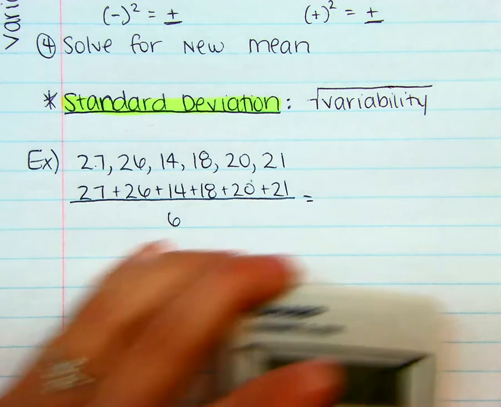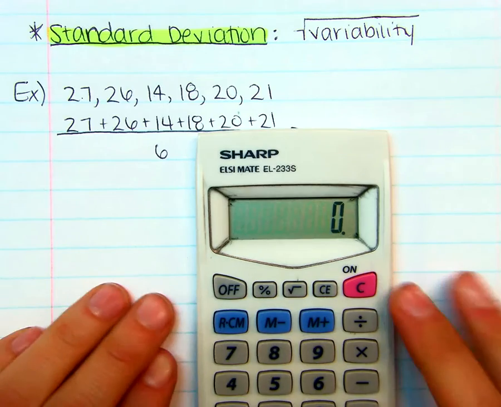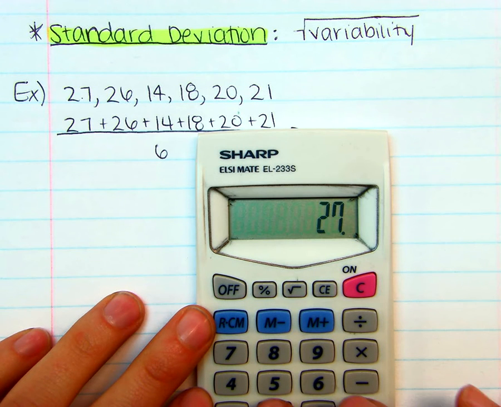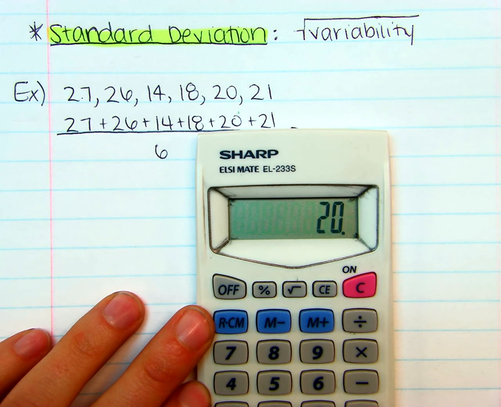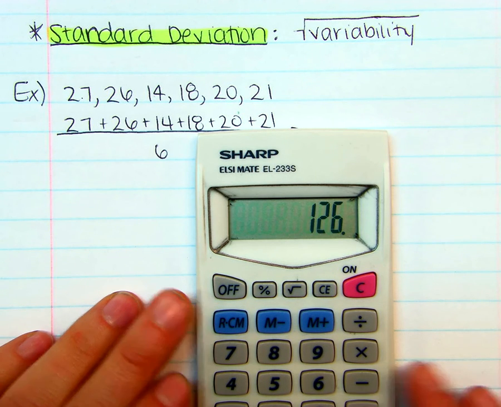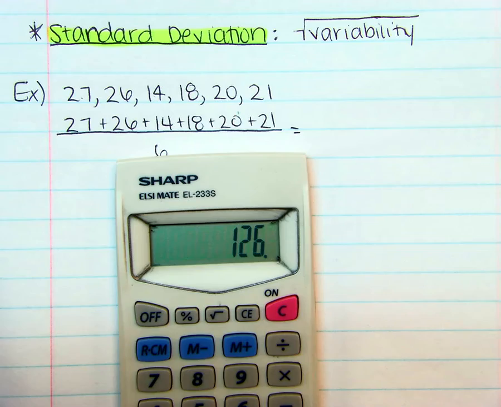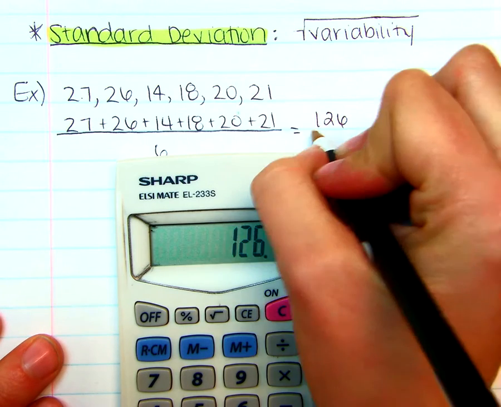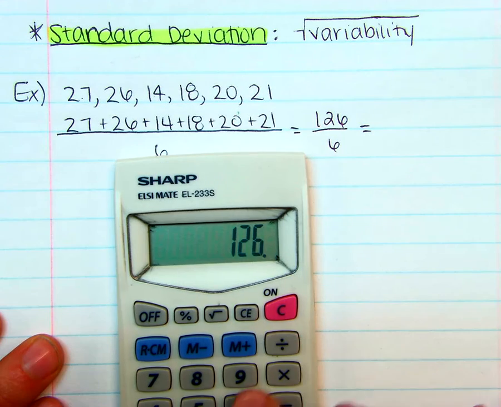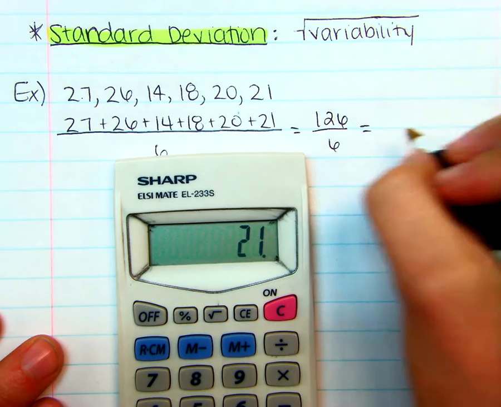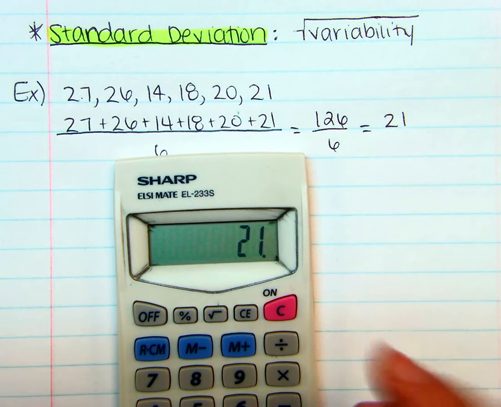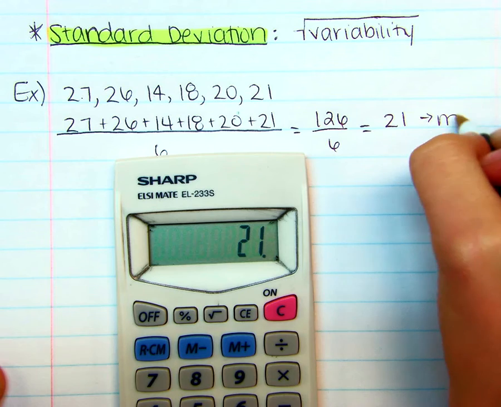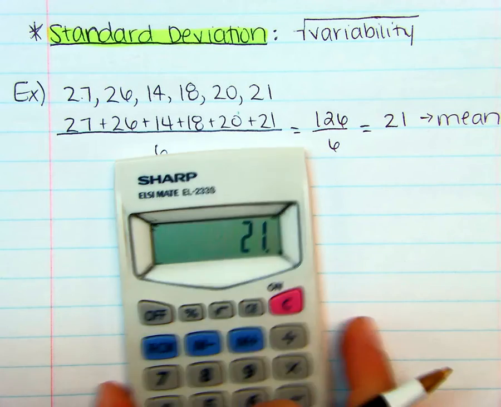If you add 27 plus 26 plus 14 plus 18 plus 20 plus 21, you should get 126. So 126 divided by 6 means our average on that last quiz was a 21 out of 25 points. So this is our mean. We just did step 1.